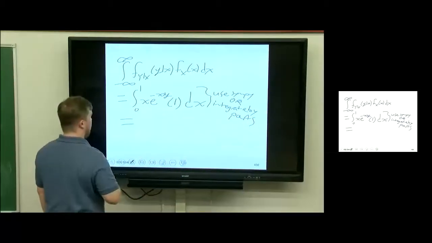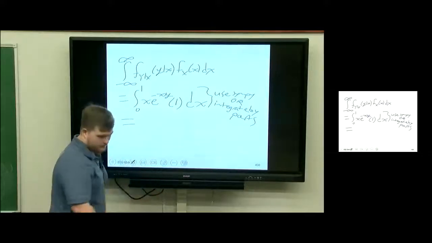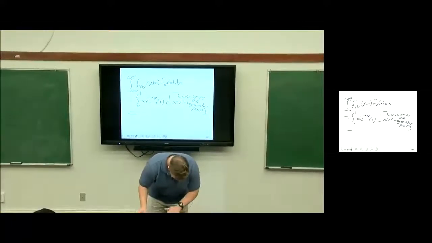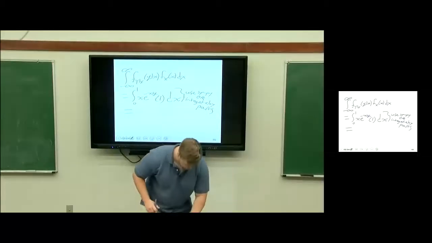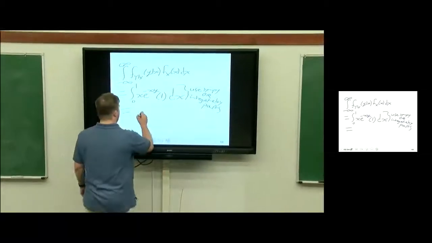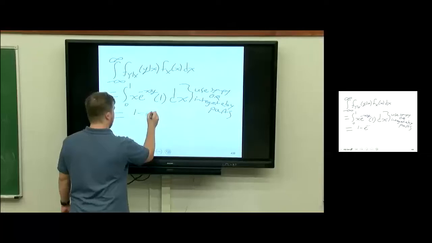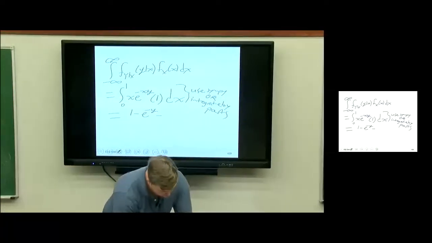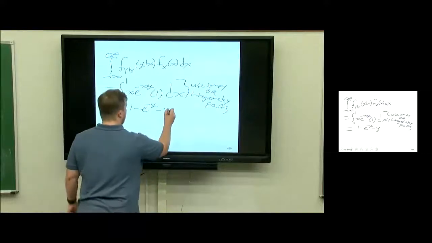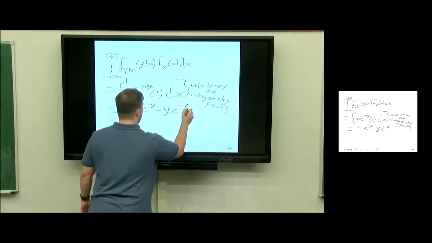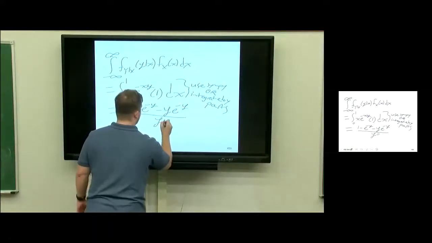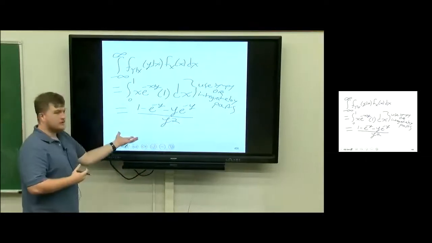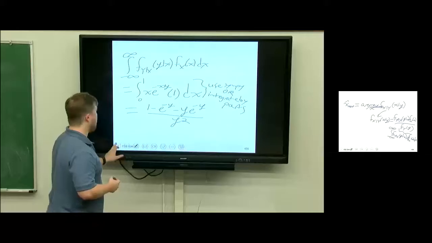But this ends up being 1 minus e to the minus y minus y e to the minus y, over y squared. So this is our marginal density for y.